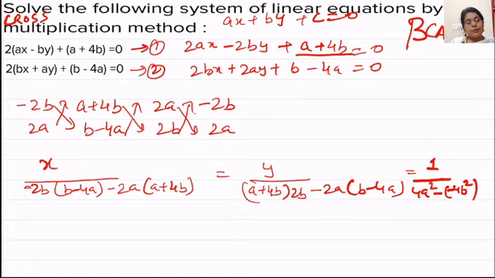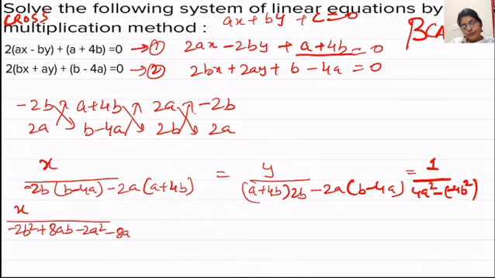Now we will just simply solve and see what we get. x upon minus 2b square plus 8ab minus 2a square minus 8ab.